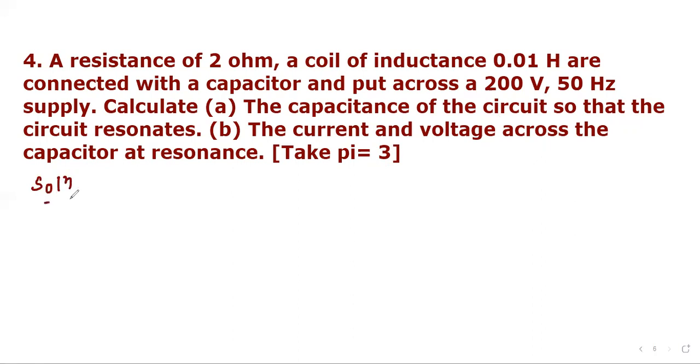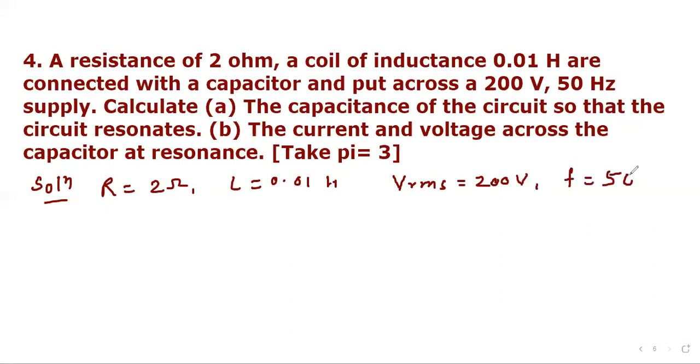R is given as 2 ohm, L is 0.01 Henry, and VRMS is given as 200 volt. Frequency is 50 hertz.